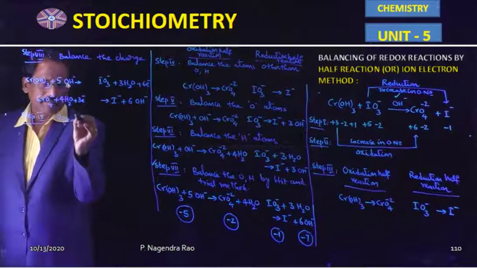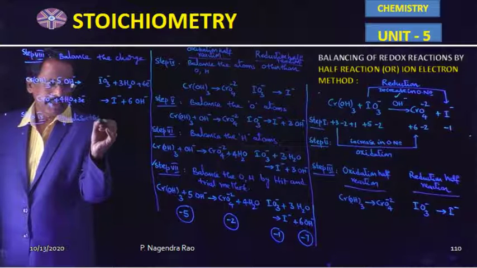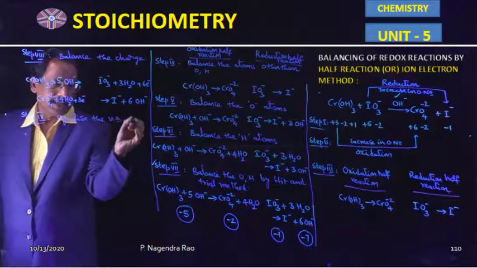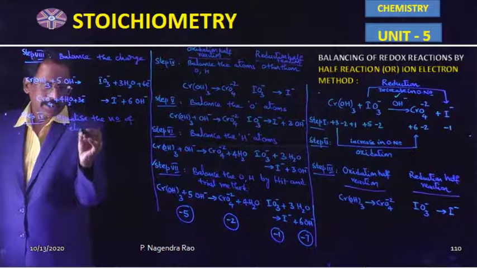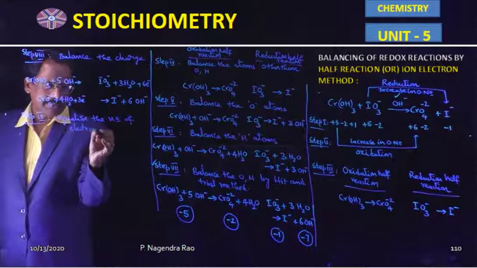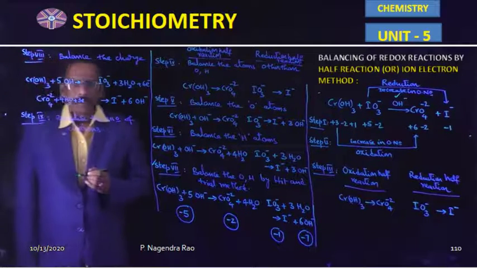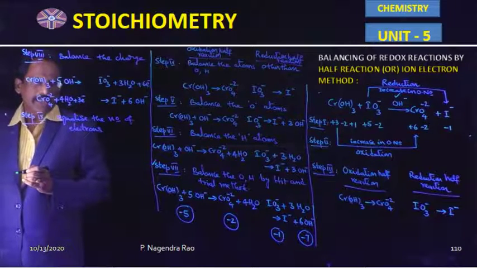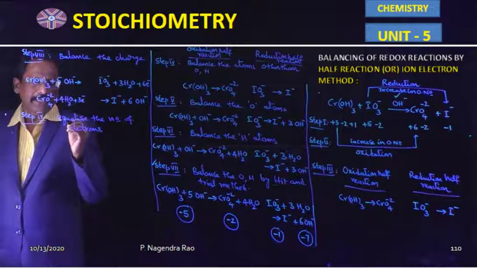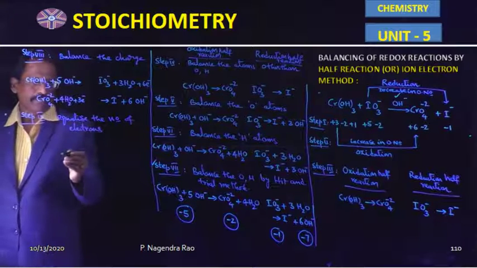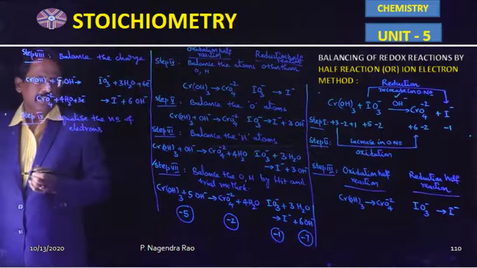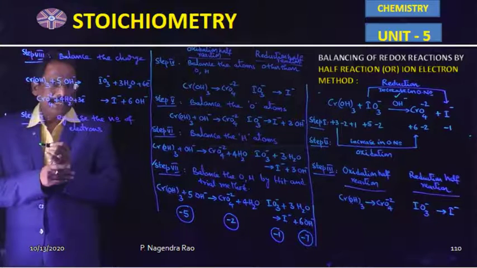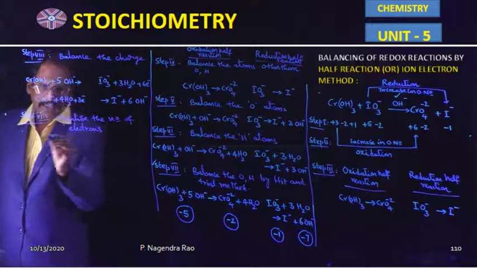And then the next step is to equalize the number of electrons. This oxidation half reaction is multiplied with 2, because in the reduction half reaction, in the reactant side there are 6 electrons.